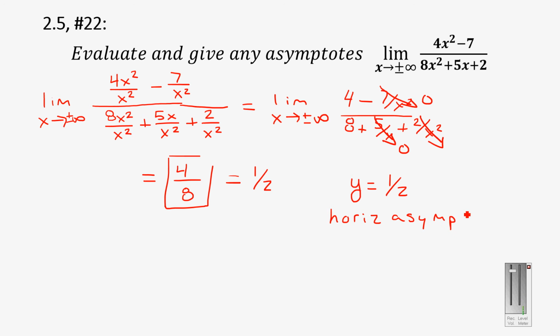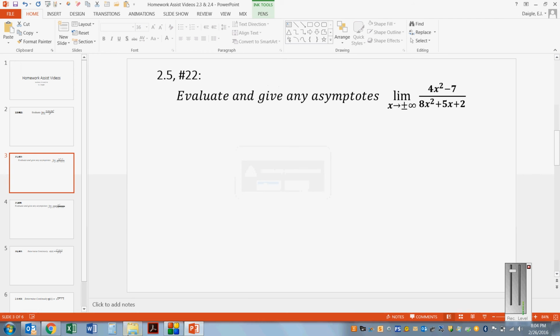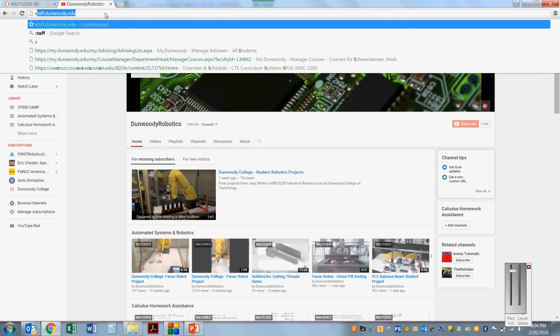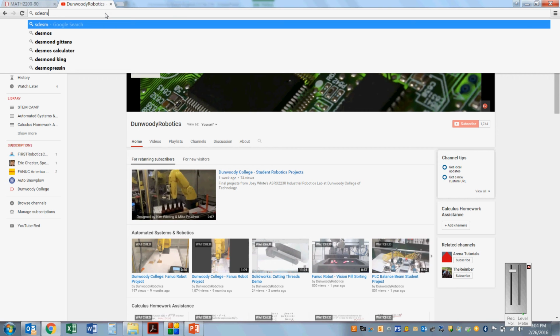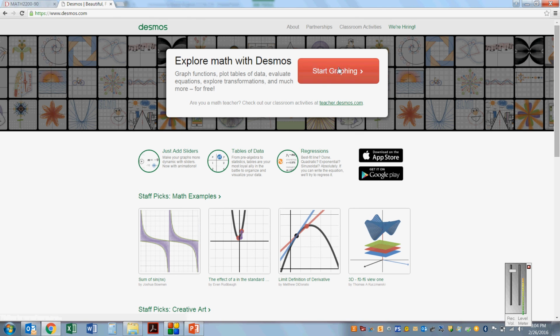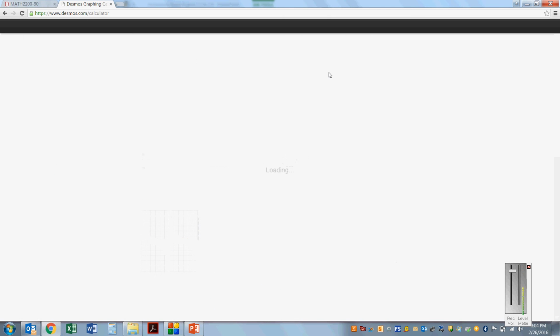It might be worth taking a look at this one, just to graph it once and take a peek at what this thing looks like. So I'm going to go to Desmos, go to Start Graphing, and plot the original function just the way it was written.